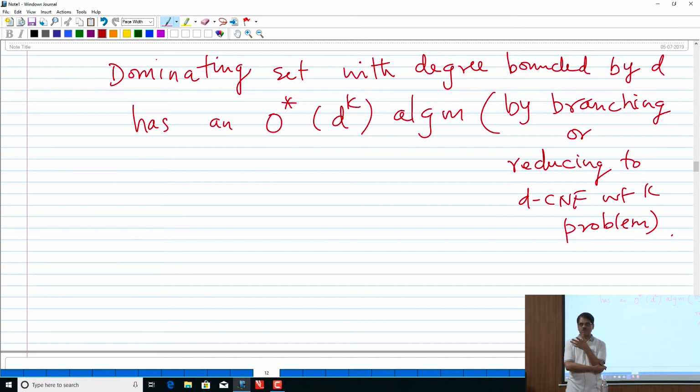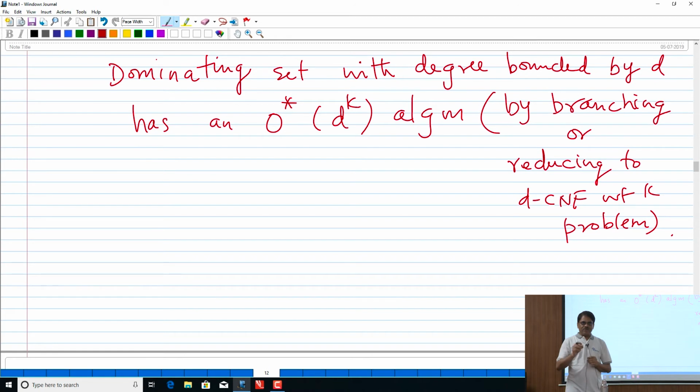They are the only ones who can dominate. Yeah, what else? If you have a vertex of degree 1, then include its neighbor. Okay, good. My expectation is even much simpler than that.